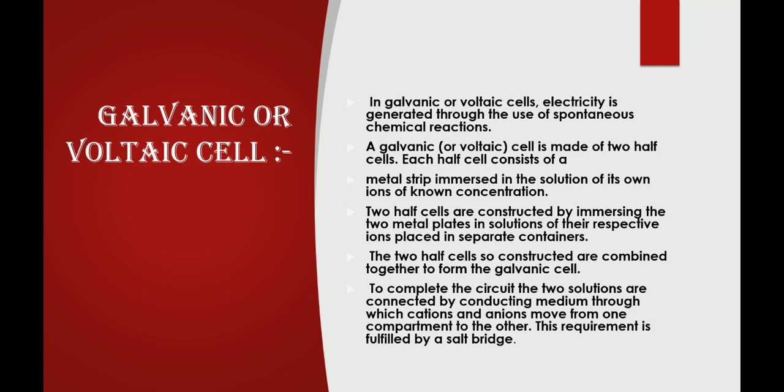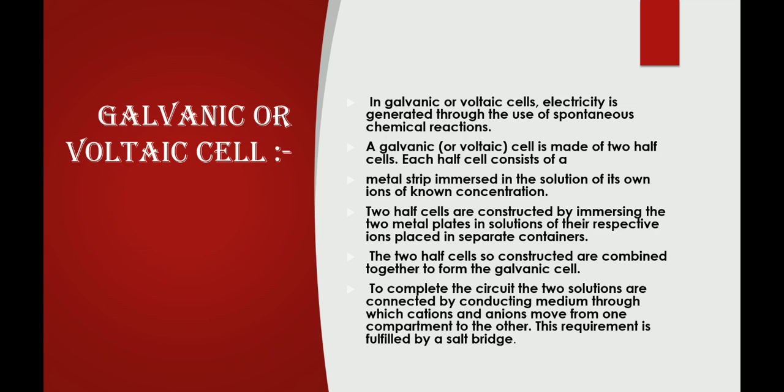Now galvanic or voltaic cell. In galvanic or voltaic cells, electricity is generated through the use of spontaneous chemical reactions. A galvanic or voltaic cell is made of 2 half cells. Each half cell consists of a metal strip immersed in the solution of its own ions of known concentration.